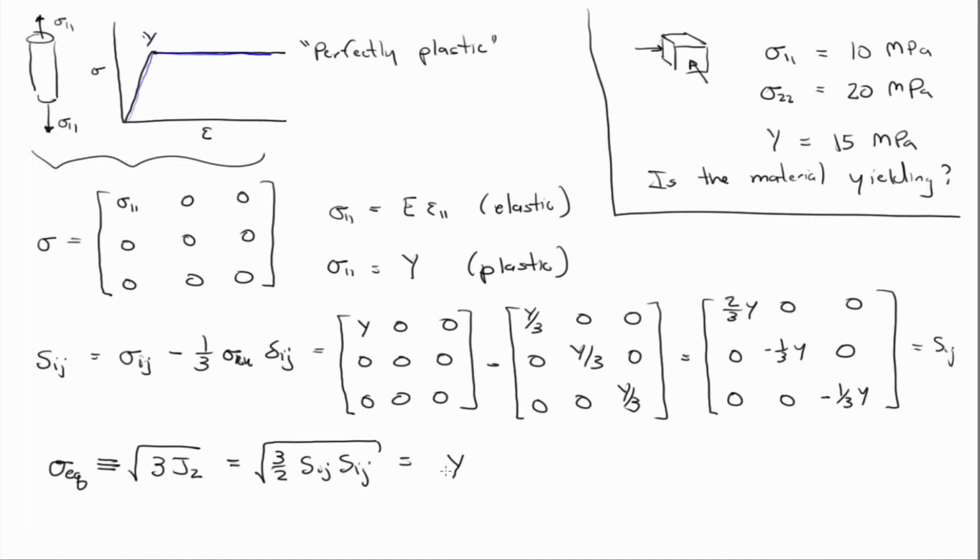Because if we don't put the square root of 3 there and you just use 1/2 Sij Sij, then you have a 1 over the square root of 3 thing that's there, and we don't like that. We just want it to be equal to the yield stress. So the equivalent stress is a scalar value that's equivalent to the yield stress, and we define it like this.